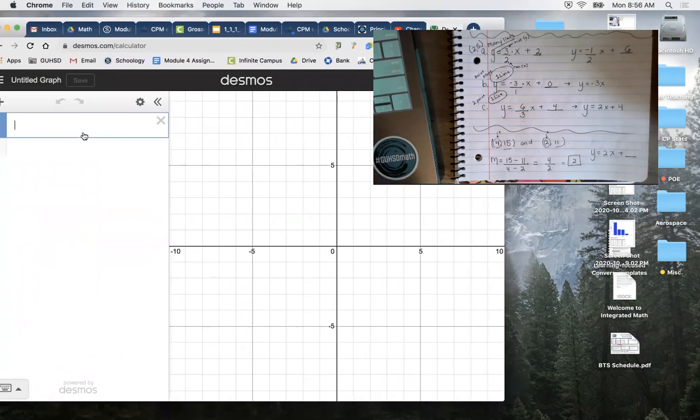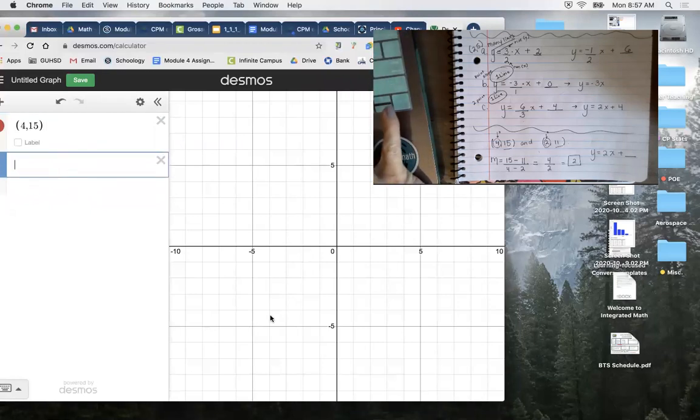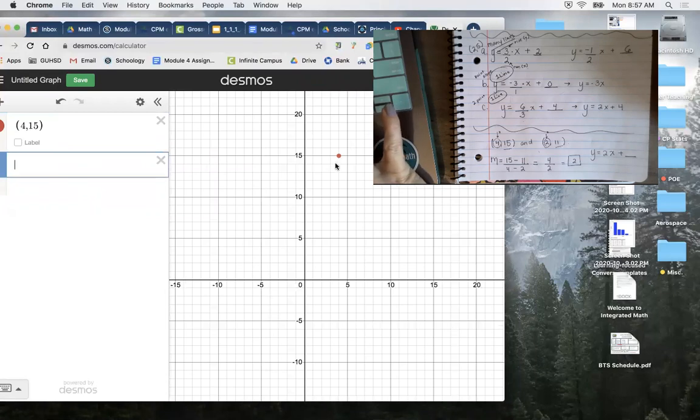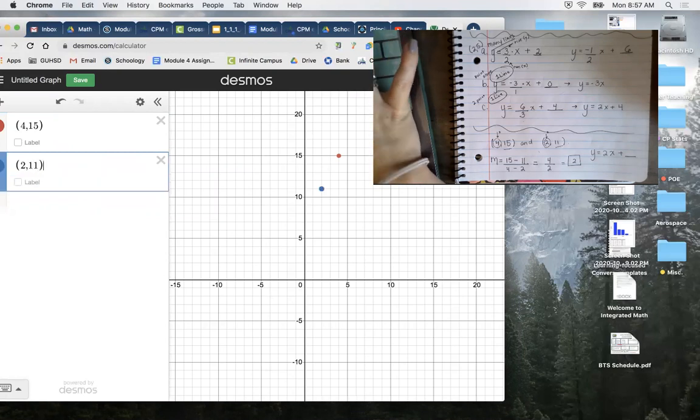I'll put in the point 4, comma 15. Then I'm going to put in another point, and I have to zoom out to see it, because that's pretty high. I'm going to put in the coordinate point 2, comma 11. So there are my 2 points.